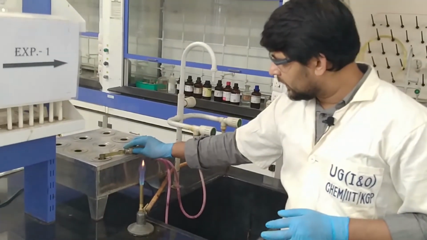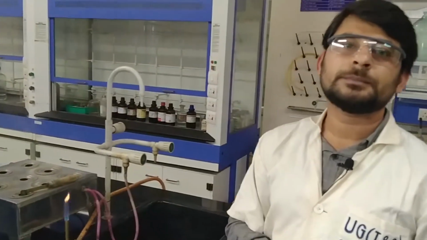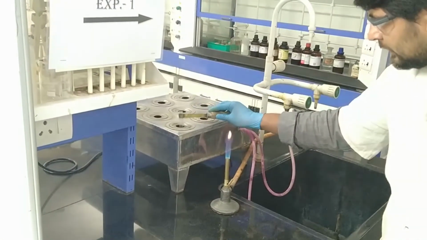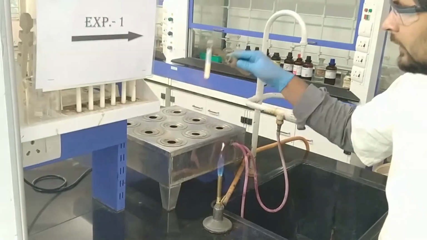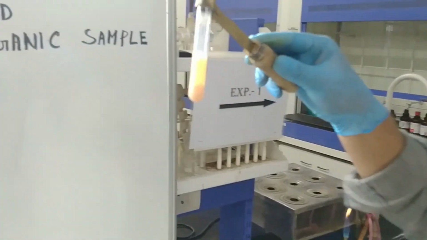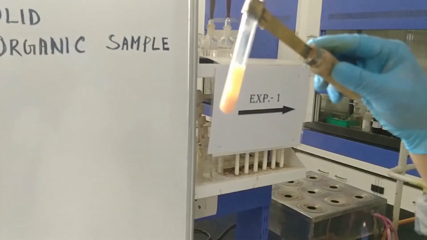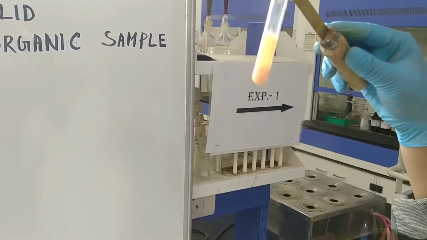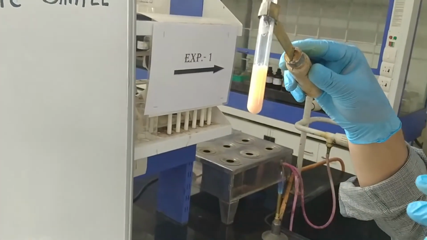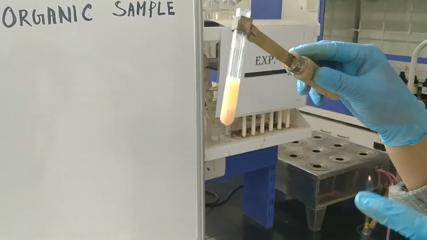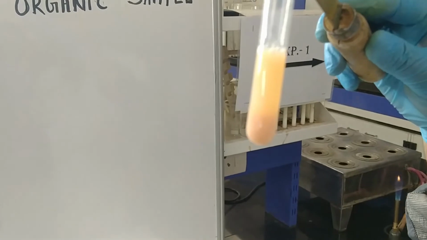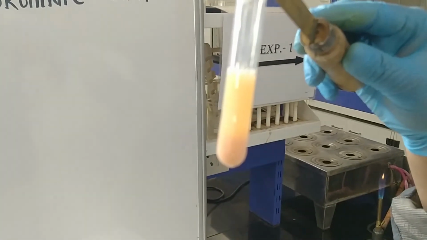Let it be heated properly. So now just check. Yeah. So that pure white precipitation is now converted into salmon pink color. Okay. So this is the actual observation of the lead acetate test for glucose. So our lead acetate test is also completed.